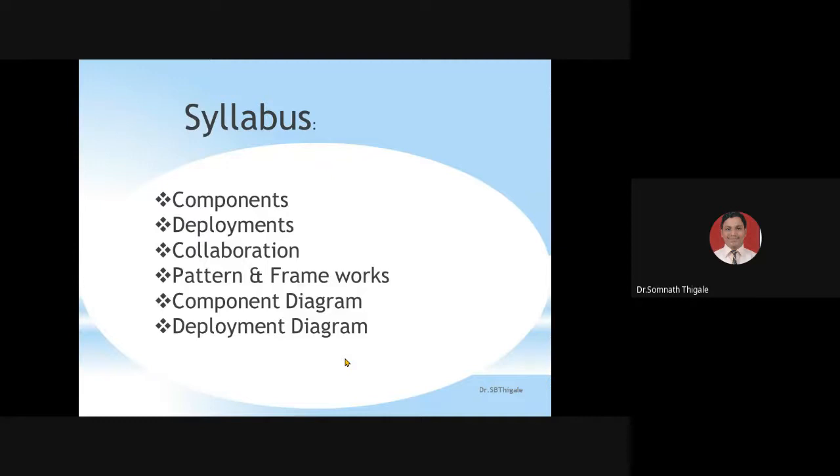Whenever the customer starts using it, if any problems or modifications come up, the maintenance phase is going to start. So the deployment phase is simply the maintenance part. Then the next parts we need to discuss are collaborations, patterns and frameworks, component diagram and deployment diagram. This is the basic idea we will discuss, which we have already started.